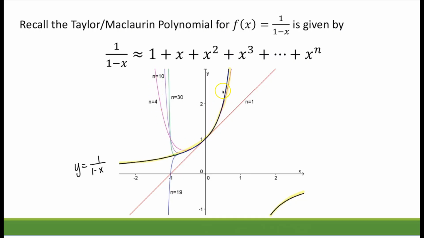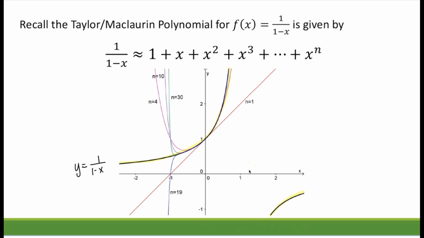So we can see those curves stay closer to 1 over 1 minus x for a while longer, but all of them end up not being so great for certain parts. So 1 over 1 minus x off to the left on the left side of -1, not really good. None of these higher degree Taylor polynomials are close to that part, and then none of them at all are close to this part over here.